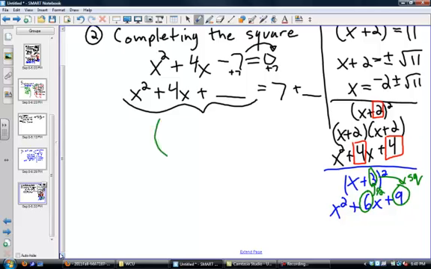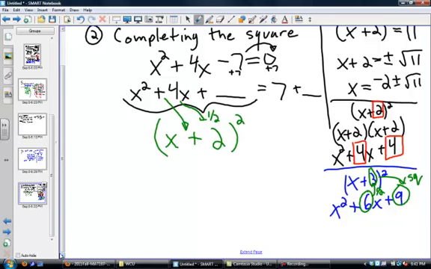I need to know what's going to be in there with the x, and whatever sign that is, I take that with me. The coefficient in front of x, I take half of it to get what goes in there with the x. Half of 4 is 2.